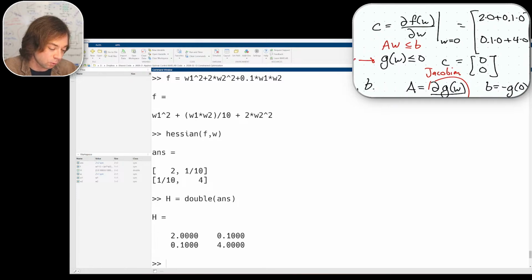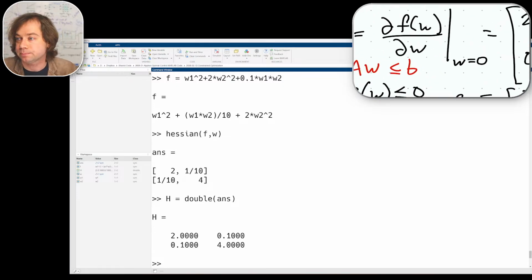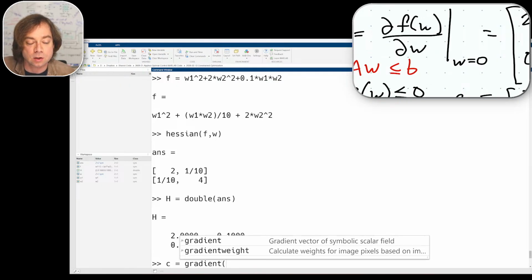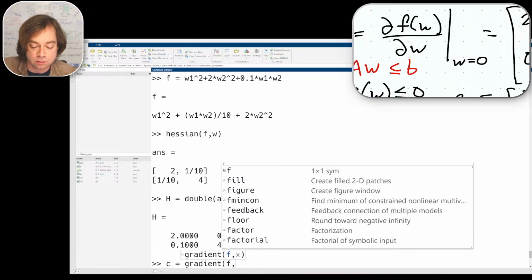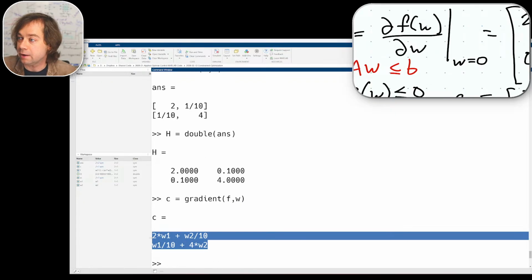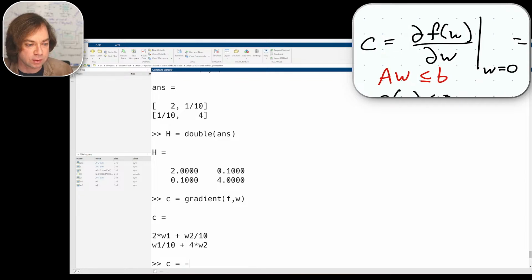And now our gradient, our c vector, is equal to the gradient, but we substitute in 0 for w, right? So what we can say is that c is equal to the gradient of our cost F with respect to w, but you'll notice that there are decision variables in there. We have to then substitute in zeros for our decision vectors. So we want it equal to the substitution.